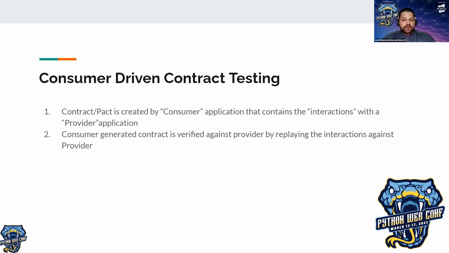In the first step, our contract, or pact, is created by the consumer application and contains the interactions with the provider application. In the second step, those interactions from the contract are replayed against a provider service, and the response from the provider is compared with the response that we have in the interaction. If the responses match, we'll know that the interaction is valid.